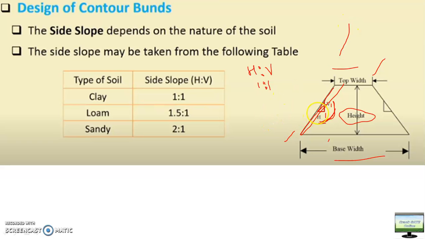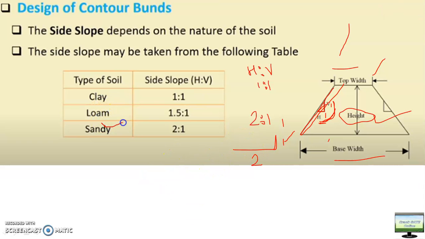Now if this soil is sandy soil, there is less chance of stability. Sandy soil is not that cohesive, so your slope will increase, it will become 2:1, meaning the horizontal length is higher and the vertical height is lower, so it is 2 to 1. And what if it is in between, loamy soil?